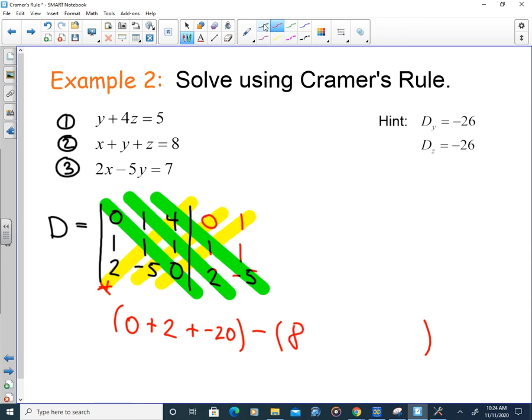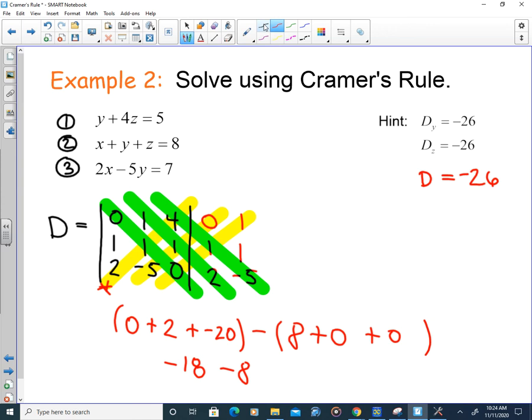Negative 5 times 1 times 0 would be 0. And then 0 times 1 would be 0. So let's see. What is D? D is equal to negative 18 minus 8. So D is negative 26.